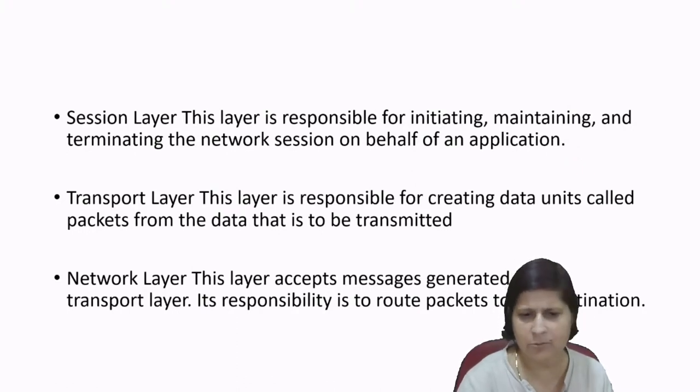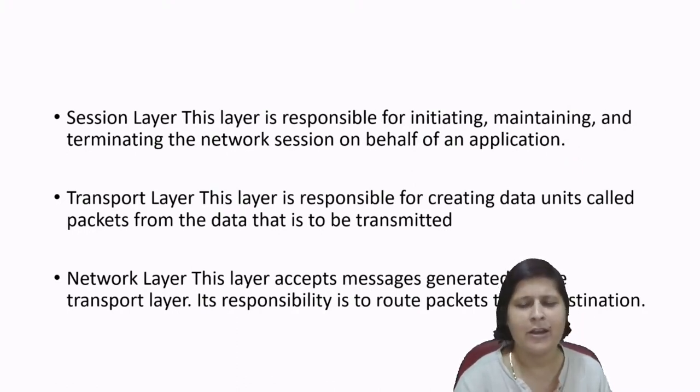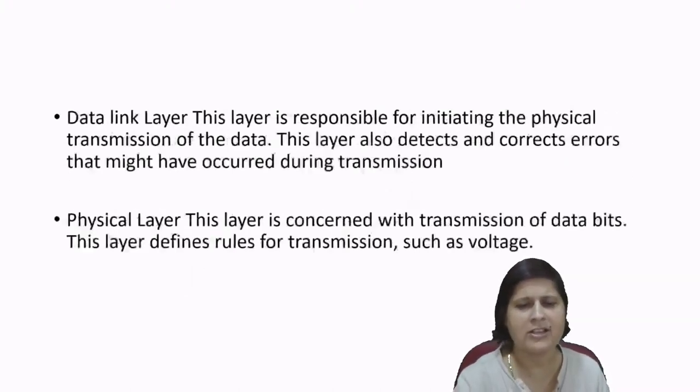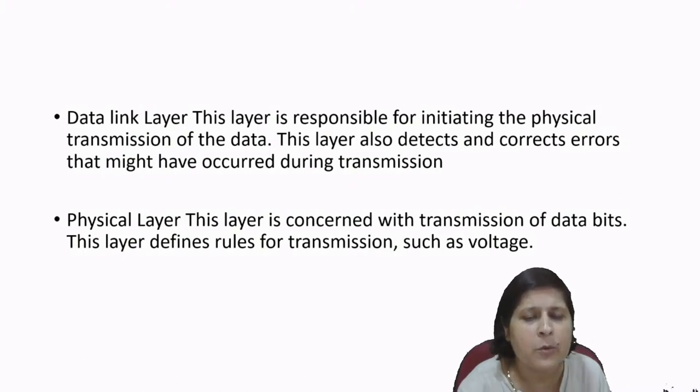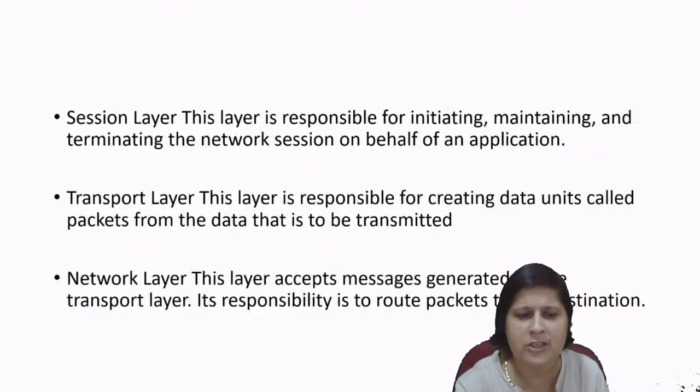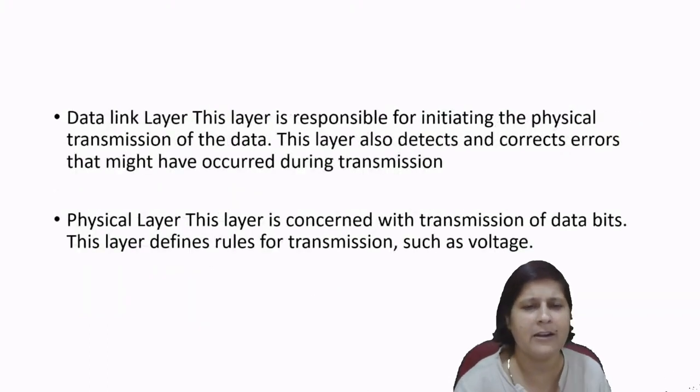The first and foremost thing is the traffic. Where there is less traffic, it can transmit the data. Then the distance, it prefers to take the shortest path. So transport layer transmits the data, and network layer's responsibility is to route the packets.